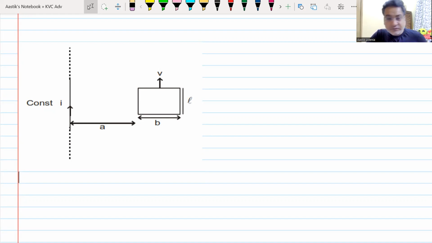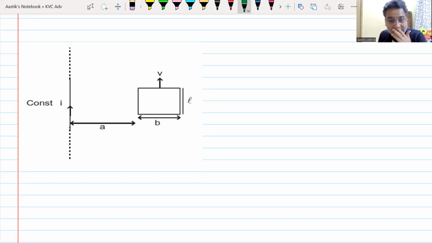Zero. You can think of it in many ways. The first way is this loop is moving like this. The flux does not change, yes or no? Because in this region, this magnetic field does not change. Do we understand this? That is one way of doing it.